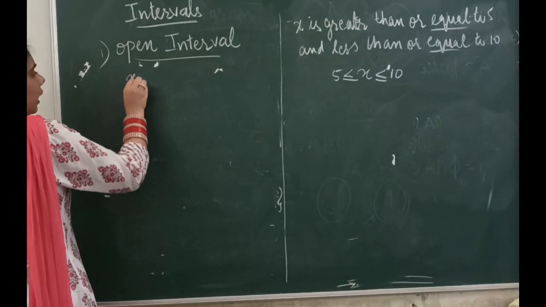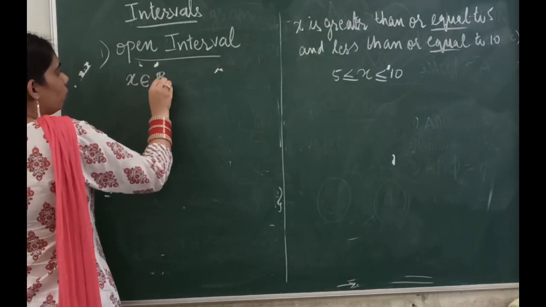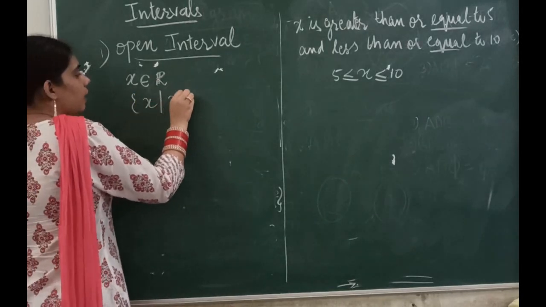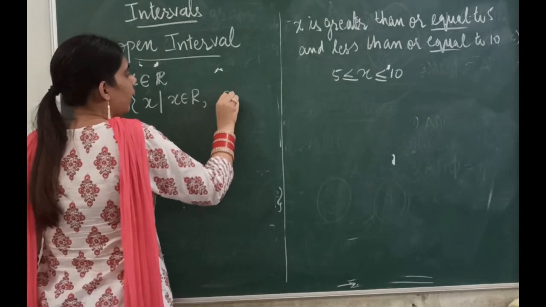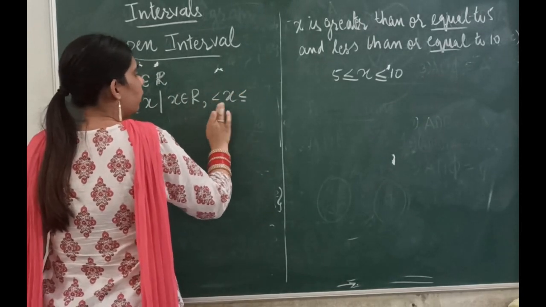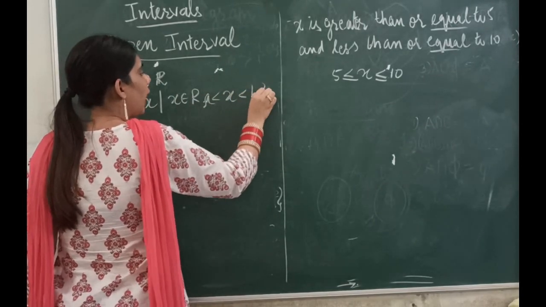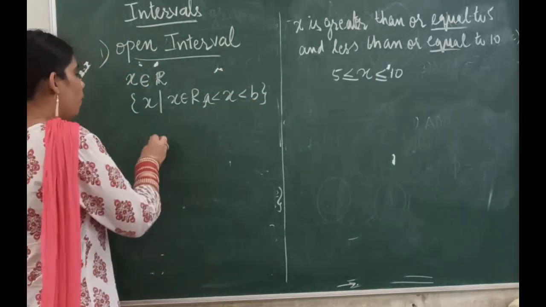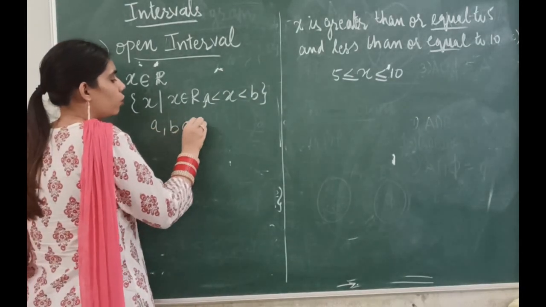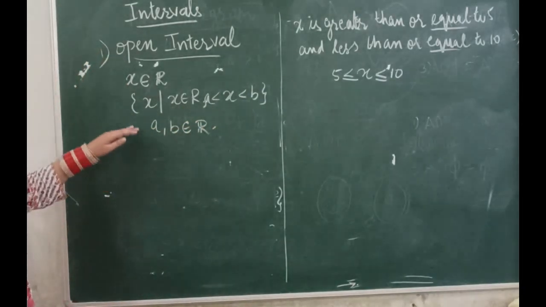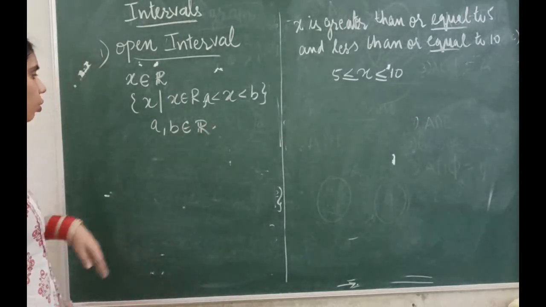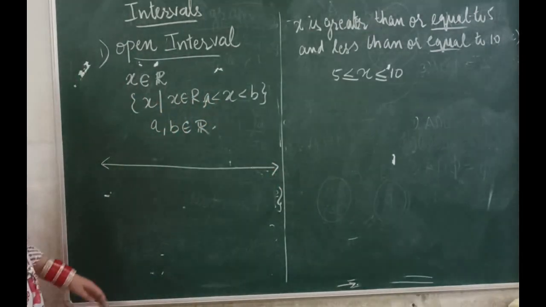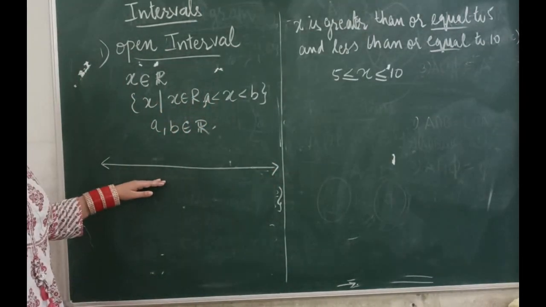I am saying that there is any x which belongs to real numbers, and x is greater than a and smaller than b, where a and b also belong to reals. It may sound very confusing but it's not. Let us use a number line to represent it, because all real numbers can be represented on a number line.